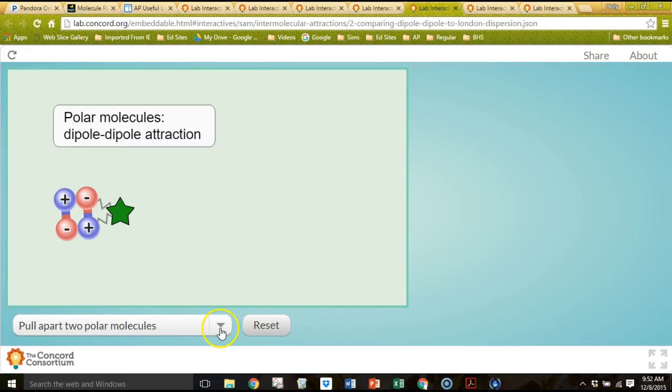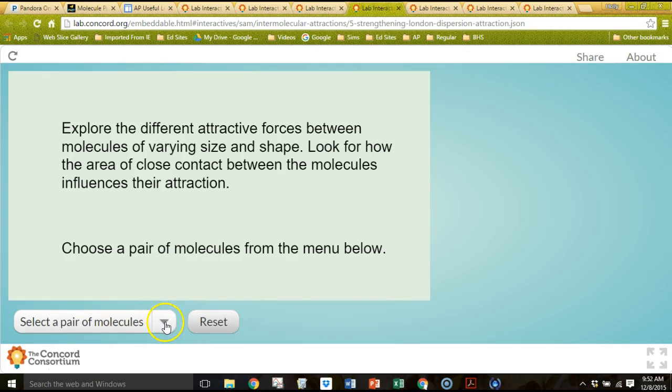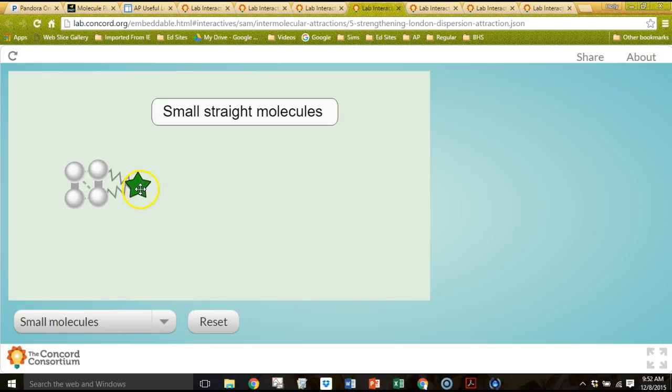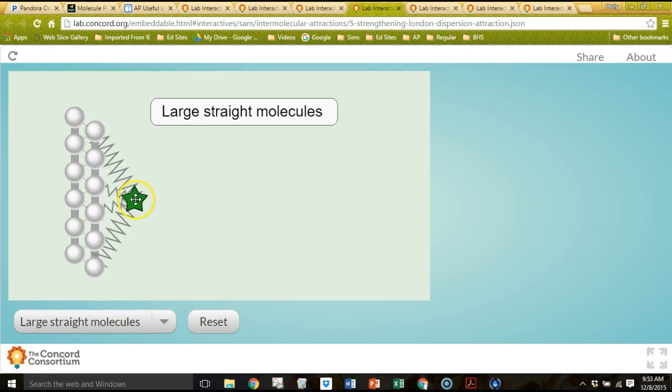Okay, so then moving on to the next simulation where we're looking at dispersion forces. Dispersion forces only. Again, small molecules, any molecules, there's going to be some attractions between them, very weak attractions. But the larger the molecule, again, there's more places for contact between the two, for attractions between the two.